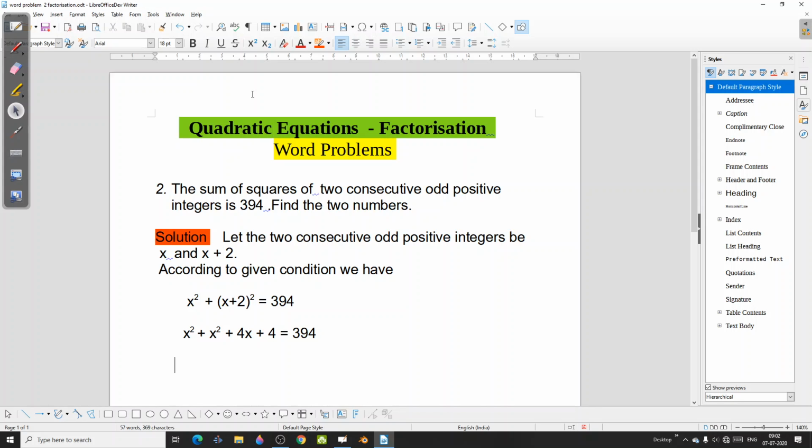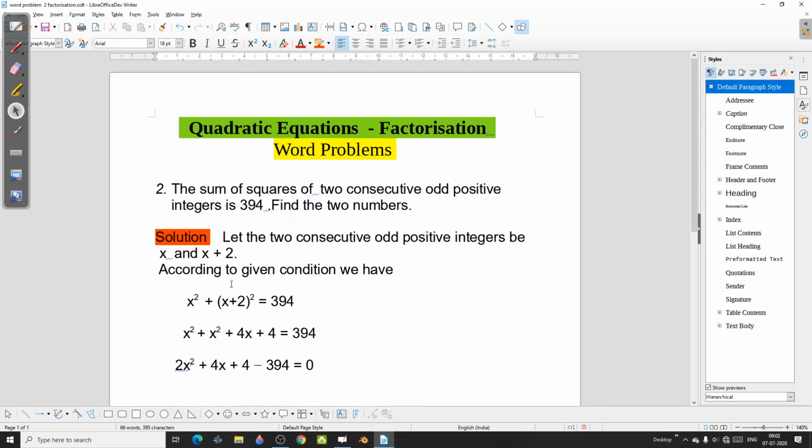Now next we will add the like terms. On adding the like terms, we will get x square plus x square, that is 2x square, plus 4x plus 4 minus 394, that is equal to 0.